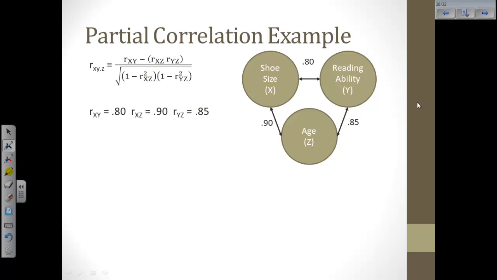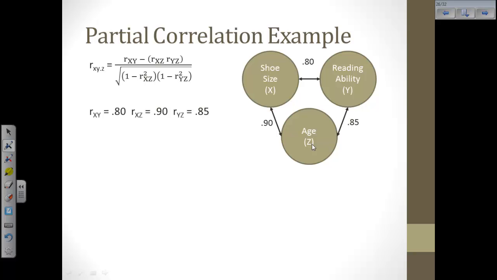So let's go ahead and work through the calculations for the partial correlation. And the way that this works is that you end up with a correlation coefficient between x and y after controlling for z. And if what you calculate for your partial correlation is much smaller than what you calculated originally for the original correlation between x and y, then you can conclude that z is artificially inflating that relationship.